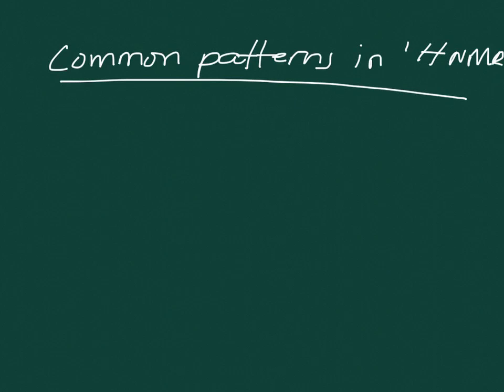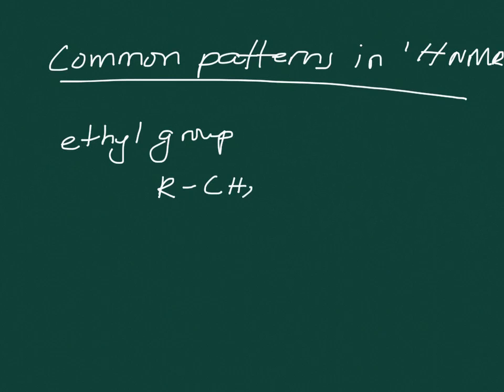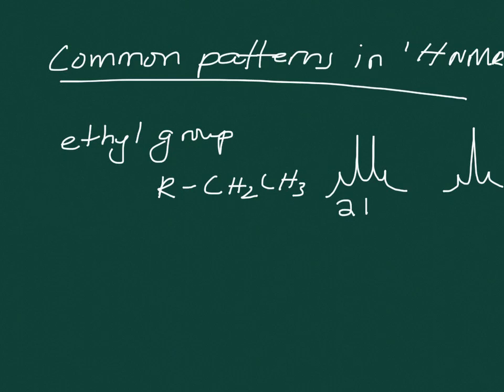So typically an ethyl group will appear in an NMR spectrum as a quartet and a triplet, where the quartet integrates for 2 hydrogens and the triplet integrates for 3.